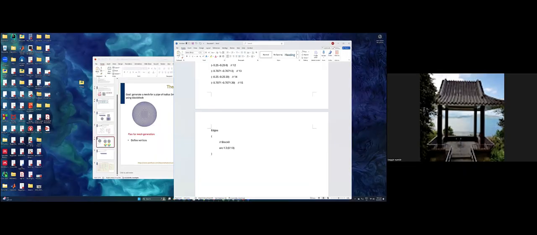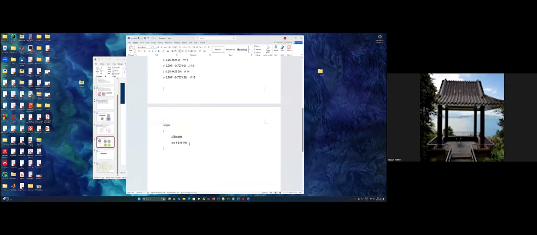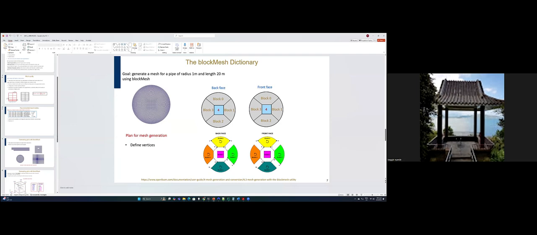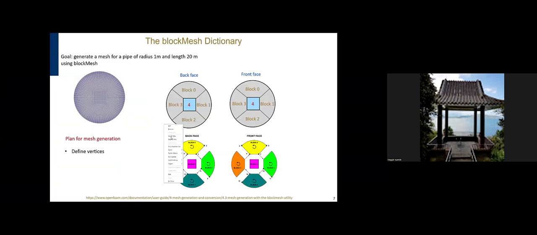So let me share this and then we can continue. Can you see? So for the edges, make sure that this is not capitalized. And so we have for this block, for these two, an arc here, right?